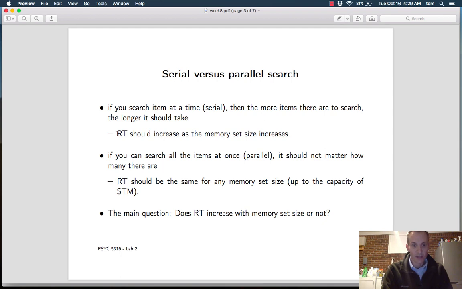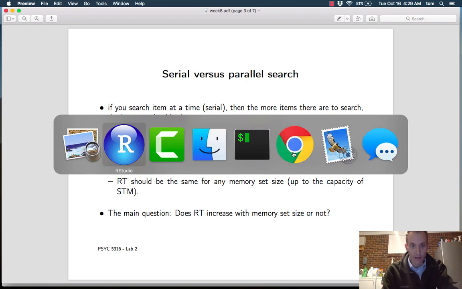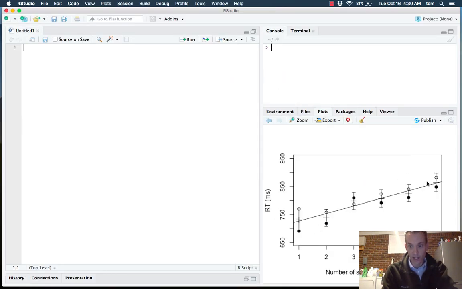And of course, the signature of that is that your RTs should increase as the memory set size increases. And if you recall, that's exactly what we're seeing right here. If you look at the RTs as a function of number of symbols in memory, it does seem to be increasing.